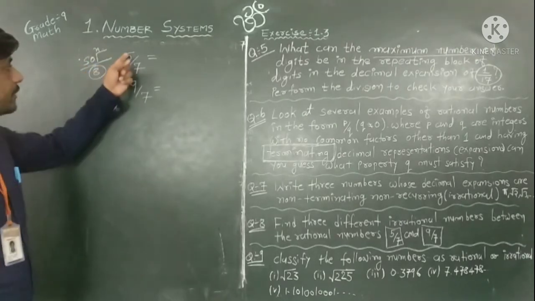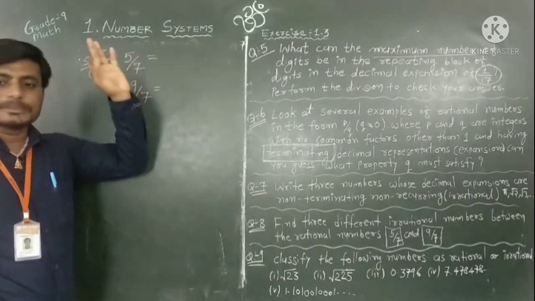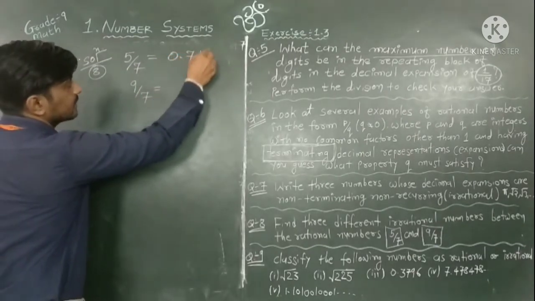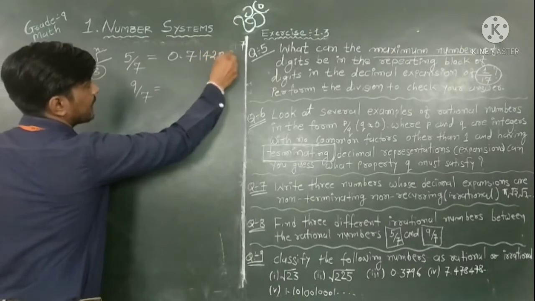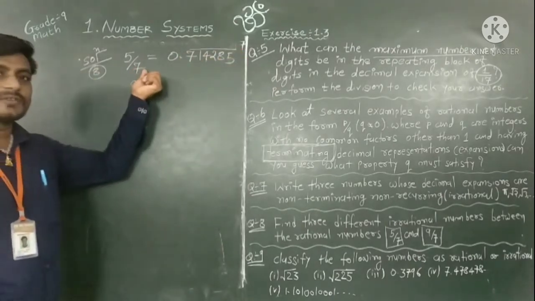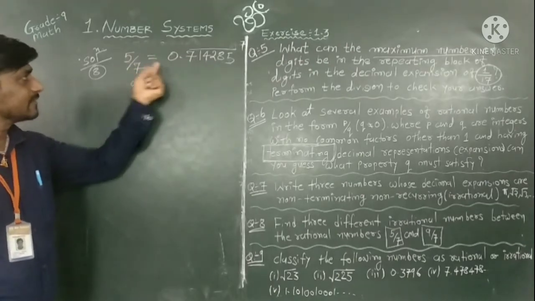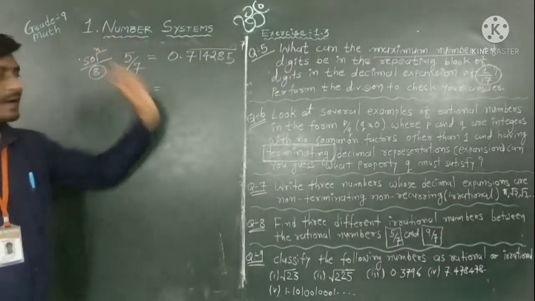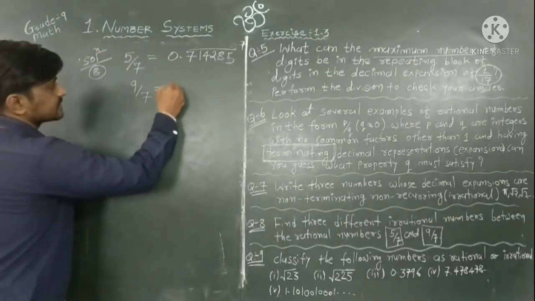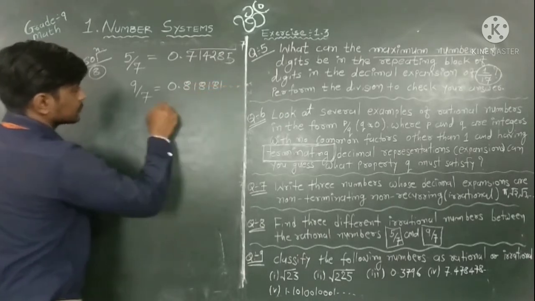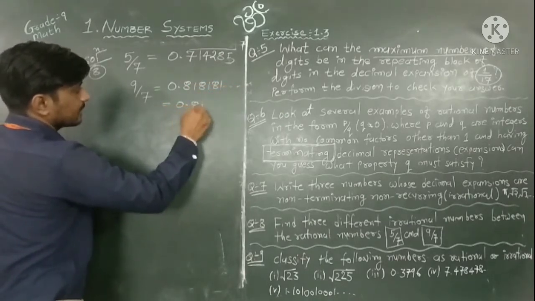Now we divide 5 by 7, by the simple method, and you get 0.714285 bar, repeating. Check yourself on a rough page. 5 upon 7 means 0.714285, and 9 upon 7 means 0.818181 and so on, so this is 0.81 bar.